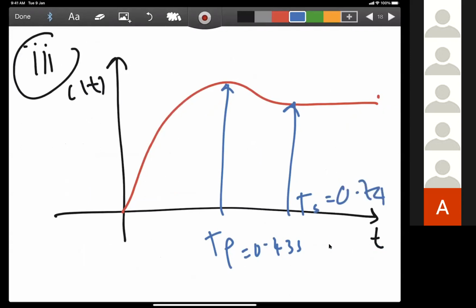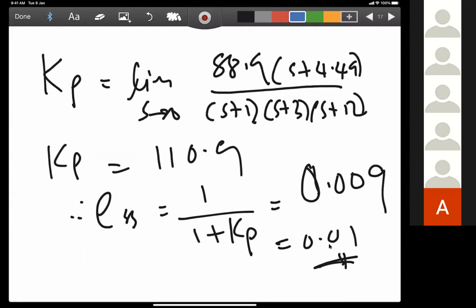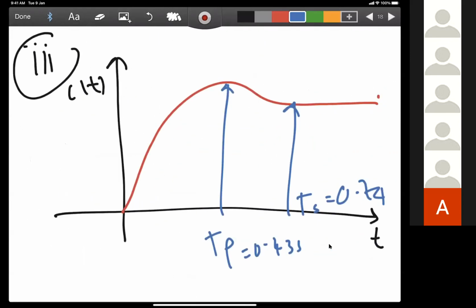Okay, then the error is 0.01, meaning that the input will be just like that, 1.0.